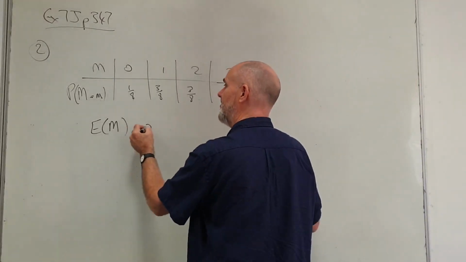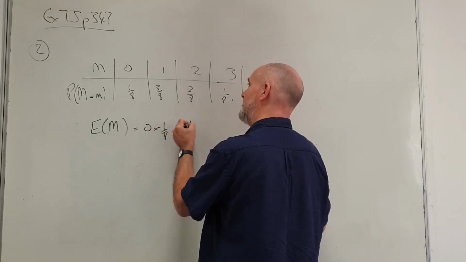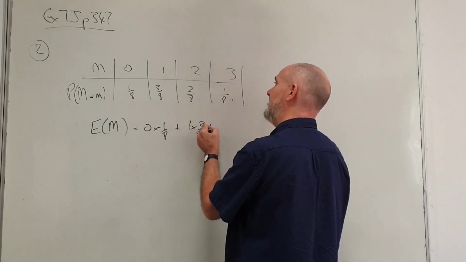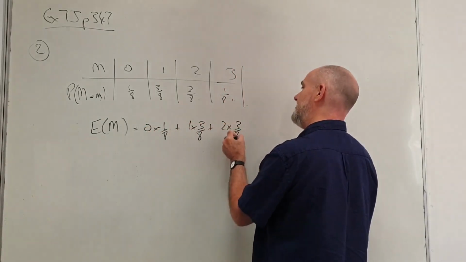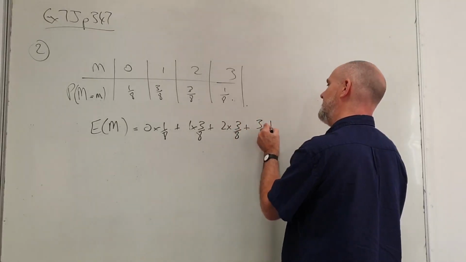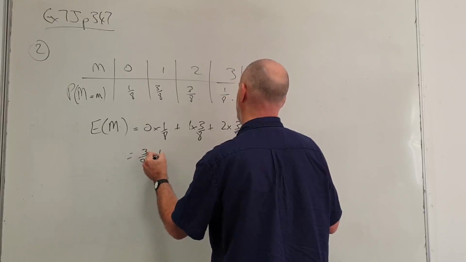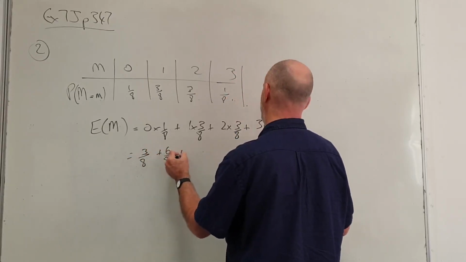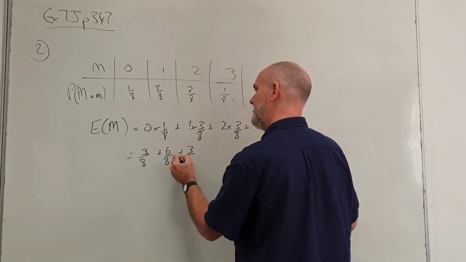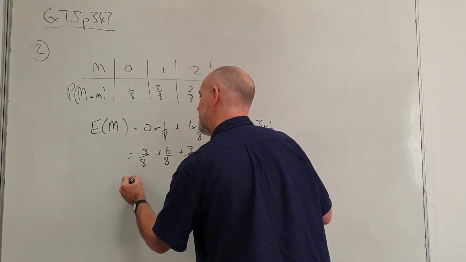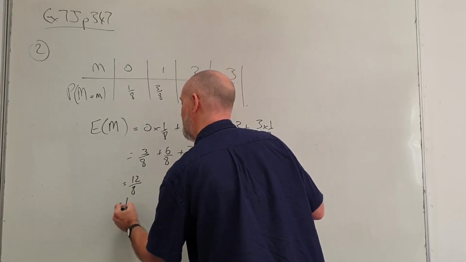There we are. So 0 times 1/8, plus 1 times 3/8, plus 2 times 3/8, plus 3 times 1/8. That's 0, plus 3/8, plus 6/8, plus 3/8. Altogether that's 12/8, which is 1.5.